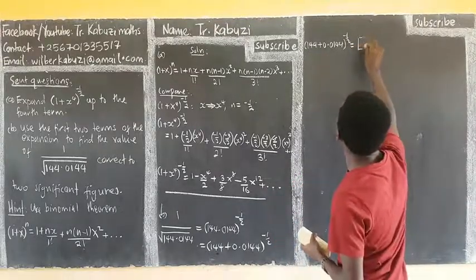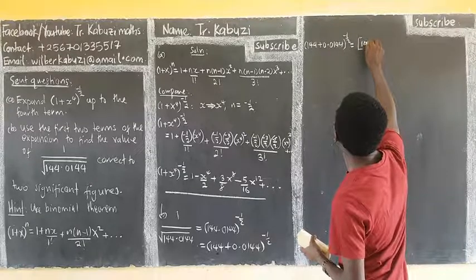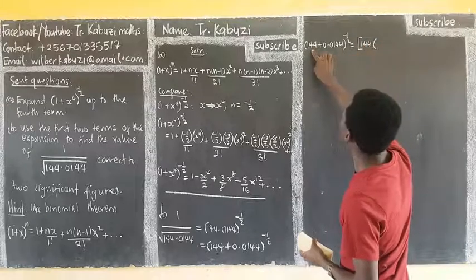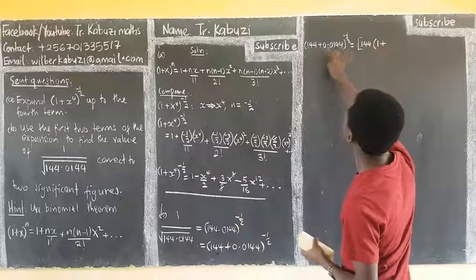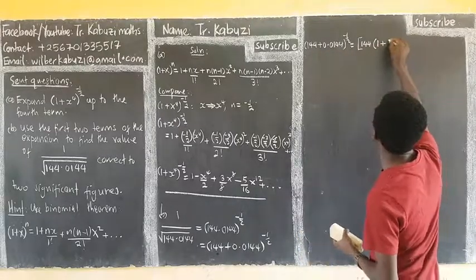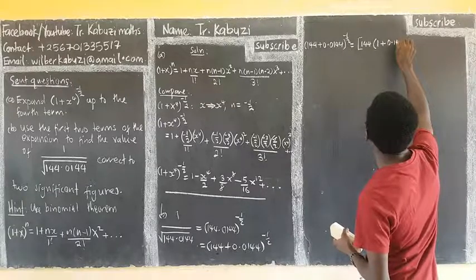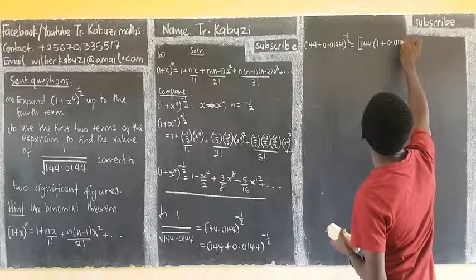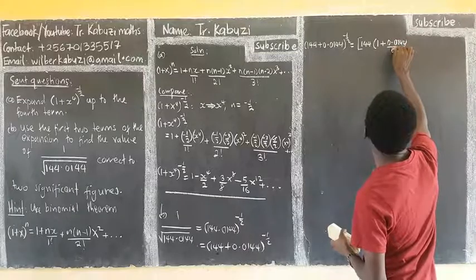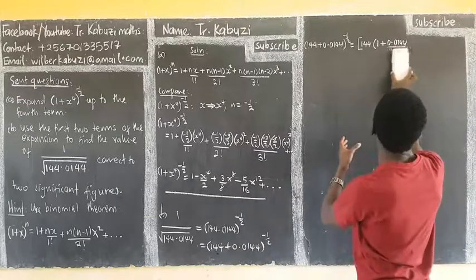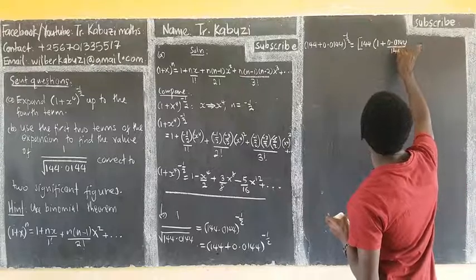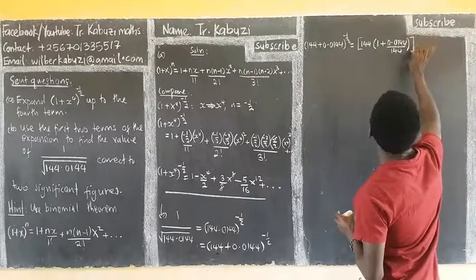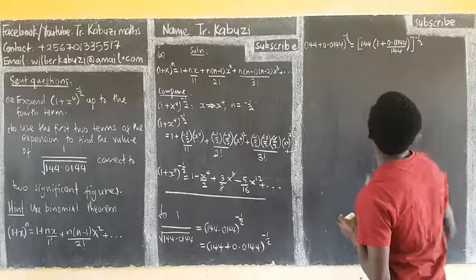If I factorize it out, I'll be having 144 into, when I factorize this here, I made it a 1, then plus, when I factorize, we divide it there. So this will be 0.0144, the whole over 144, what we factorize out, which is this. So this is 144. Then the whole power negative a half.